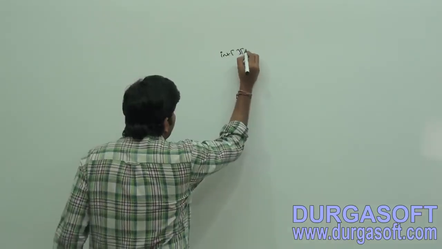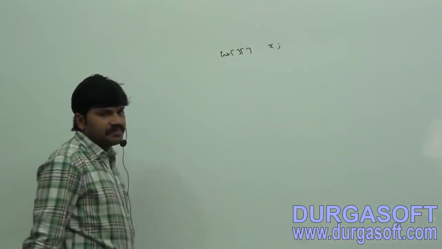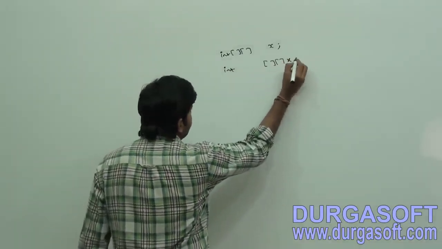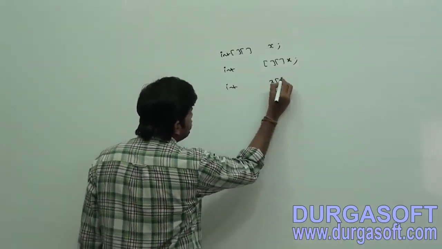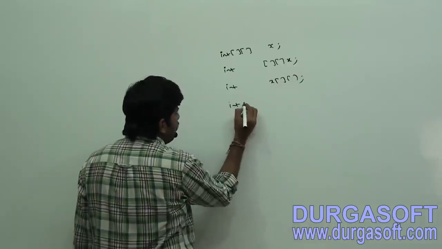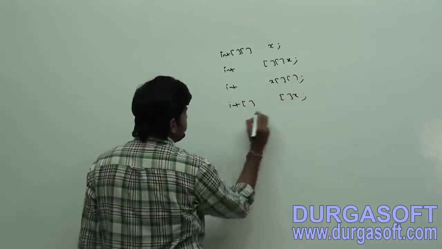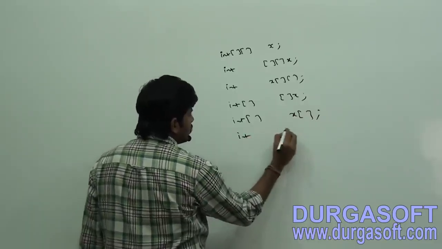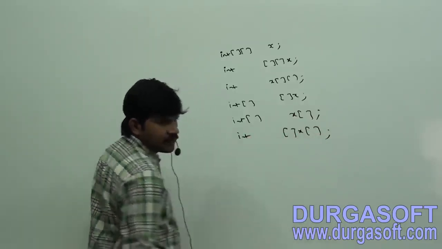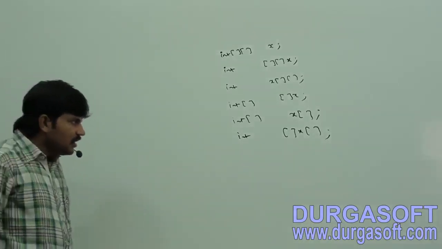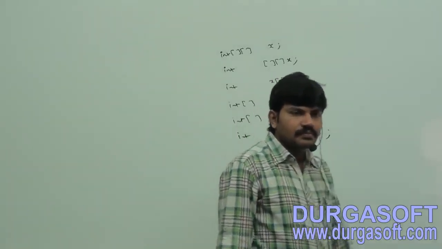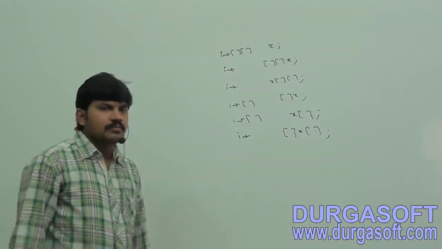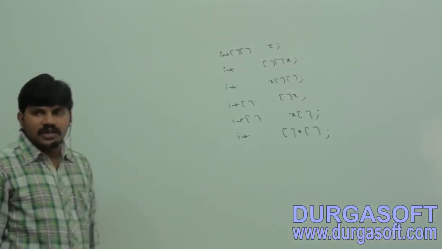Sir, I am taking a two-dimensional array like this, or like this, or like this. Can you tell among these which are valid and which are invalid?